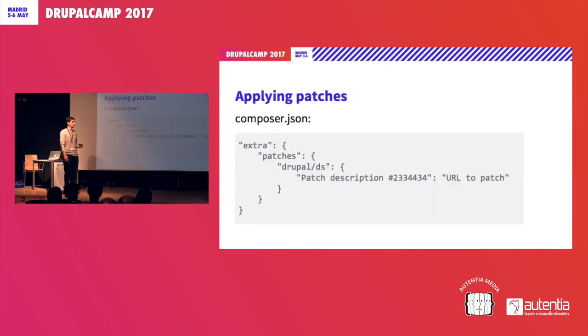The final common thing that we have to do as developers is to patch modules from time to time. Hopefully, you are not hacking modules directly, and you are actually applying patches from Drupal.org and documenting them. But if you are not doing that, with Drupal project, you get out of the box a good workflow to do that.